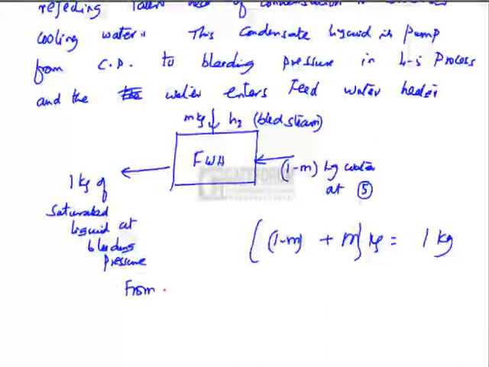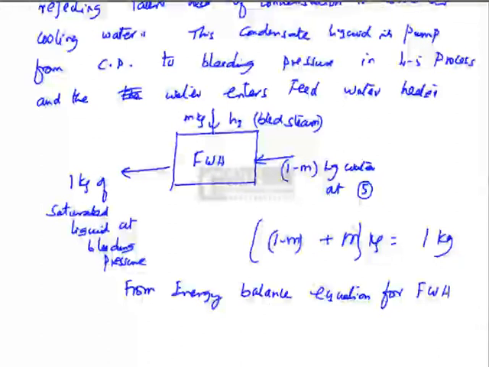From energy balance equation for feed water heater, 1 minus m into H5 plus m into H2 is equal to the total enthalpy of contents entering the feed water heater, which is equal to the enthalpy of water leaving the feed water heater.